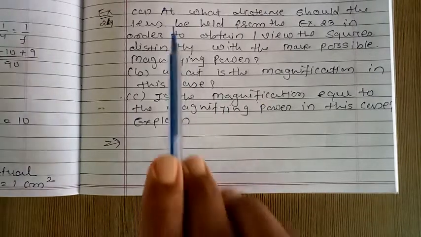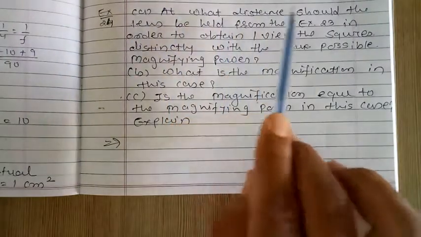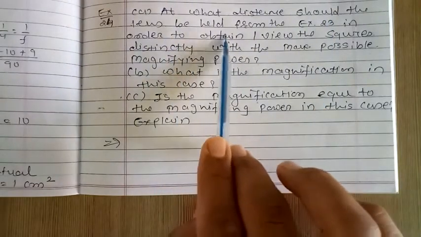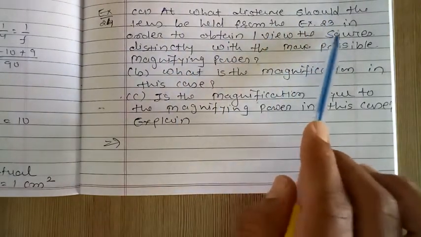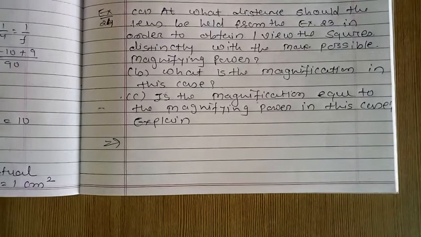So, first case, at what distance should the lens be held? So we have to find out the distance of the lens. So in short, we have to find out the object distance here, right?